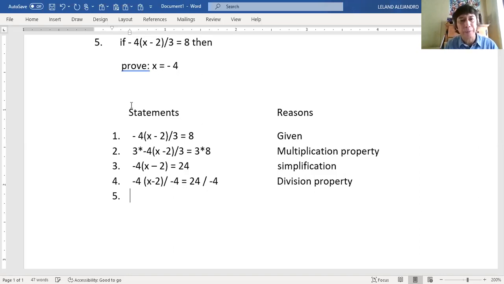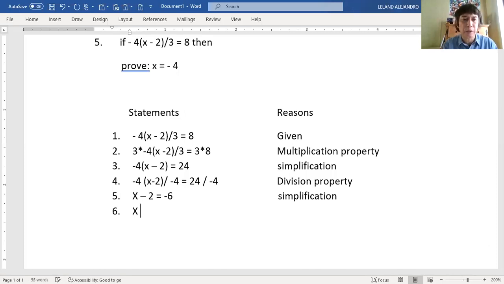And of course, we cancel out negative 4 and negative 4. We only have now x minus 2 at the left side. And the right side is, of course, negative 6. There. And this is by way of simplification. There. Now we shall apply addition property for this one, this particular line.